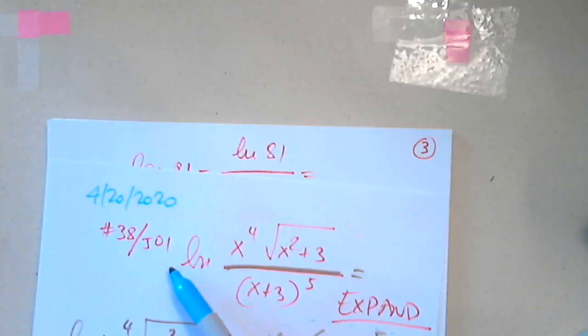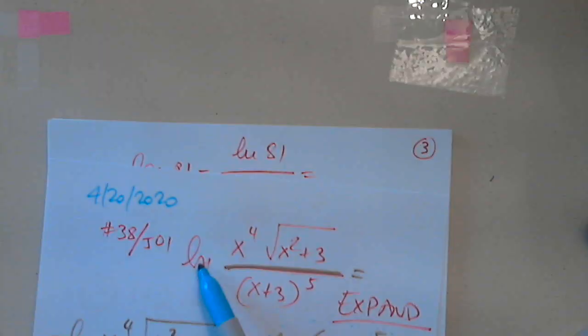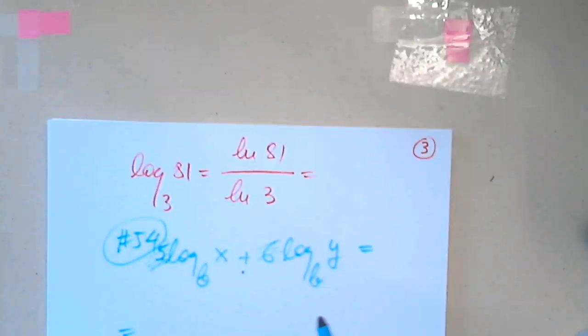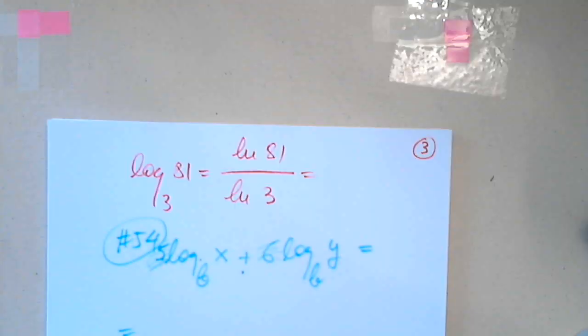A log like this, with 1 in front and whatever else in here, I don't care, but 1 in front, and just one log. Well, first of all, I have to deal with this before I look at this. So if I see a number that multiplies log, in this case 5, and in this case 6, where does that number come from, really? It comes from the exponent. So this is the same as log base b of x to the 5th plus log base b of y to the 6th.